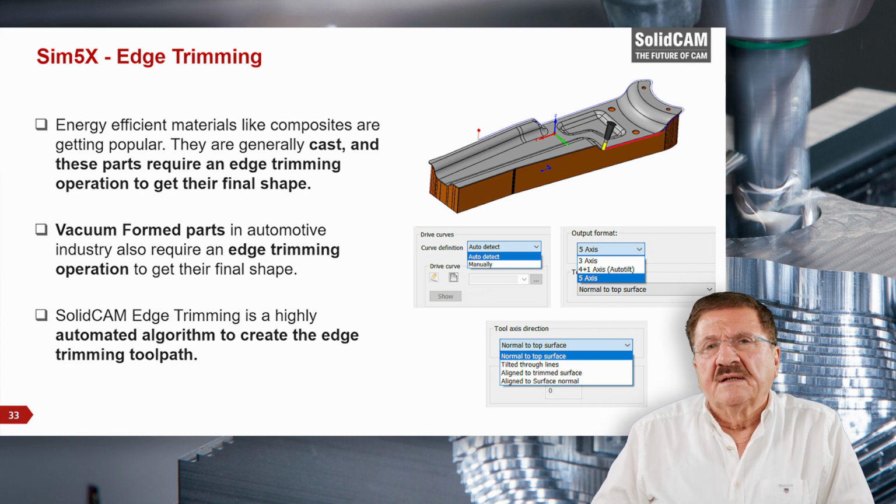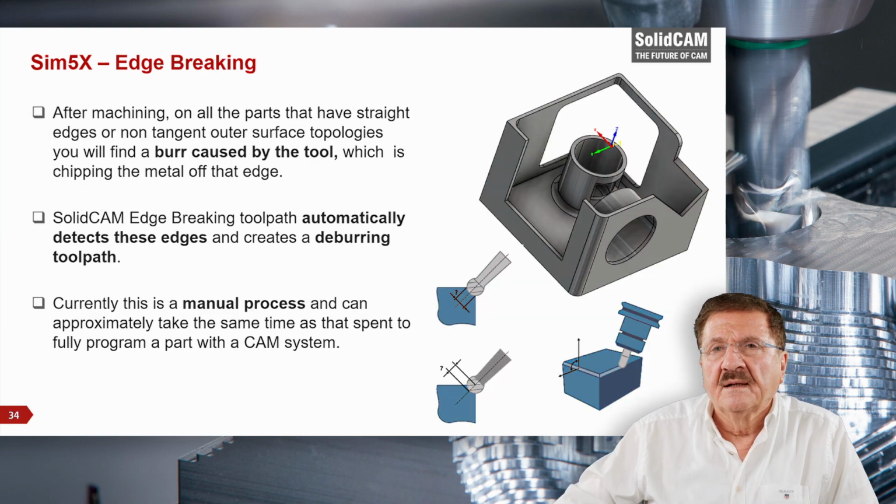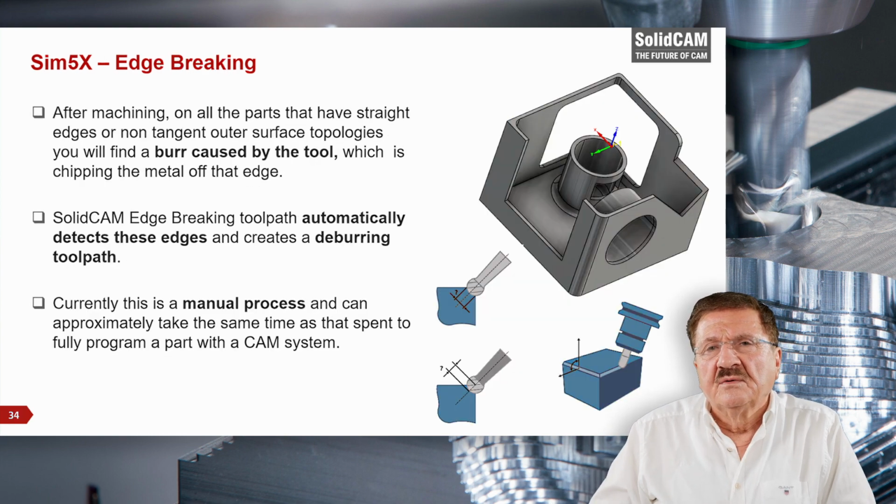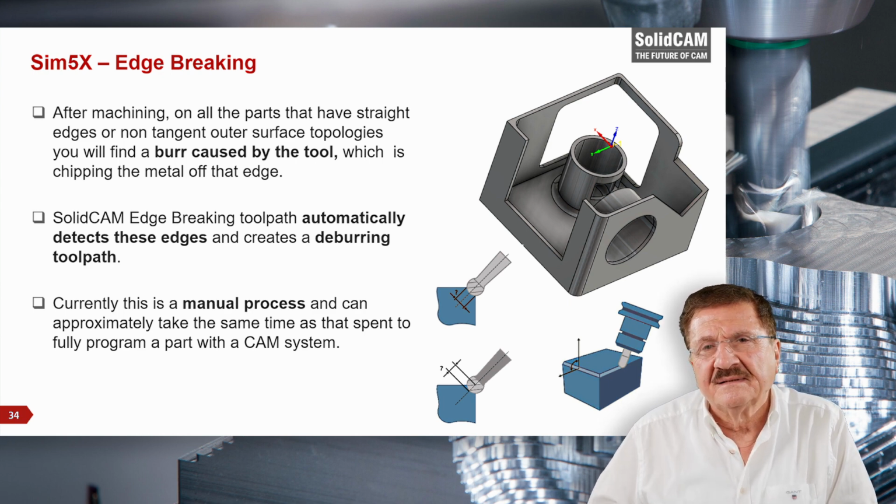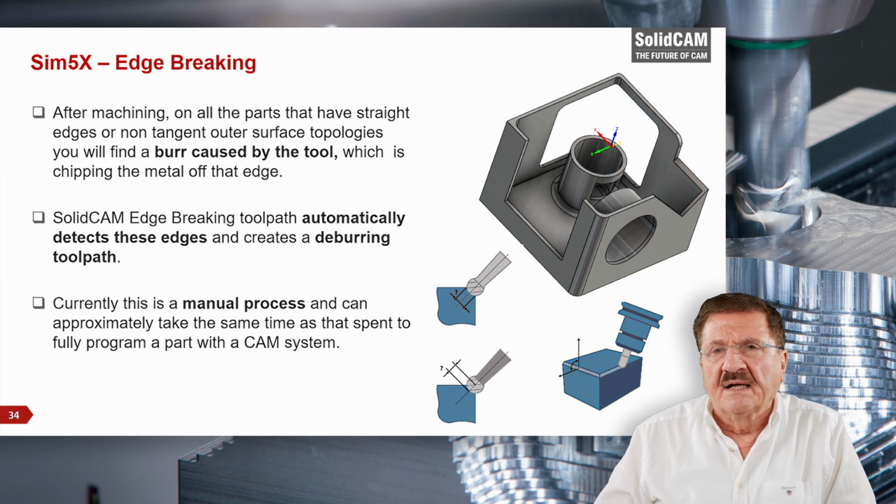We added a function in SolidCAM called edge trimming, and we do it if the parts require edge trimming operation to get their final shape. Also, we have a very new nice function called edge breaking, because sometimes you find burrs caused by the tool, and the SolidCAM edge breaking toolpath automatically detects these edges that have the burrs and creates a deburring toolpath.